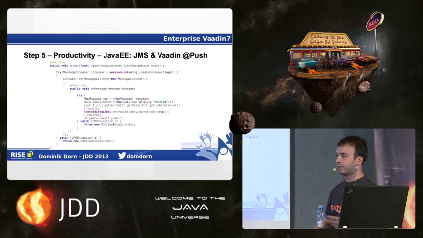When I enter the enter method of the view, I just push a message to the JMS queue, and the other view is then registering as a consumer of this message queue and is updating some label.